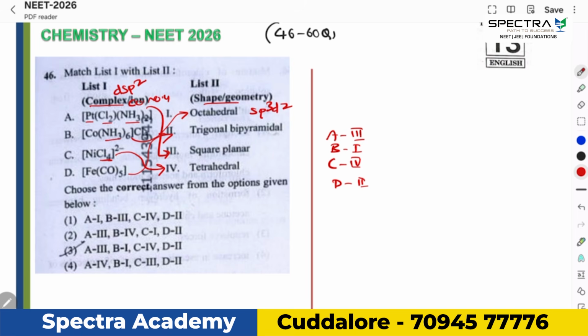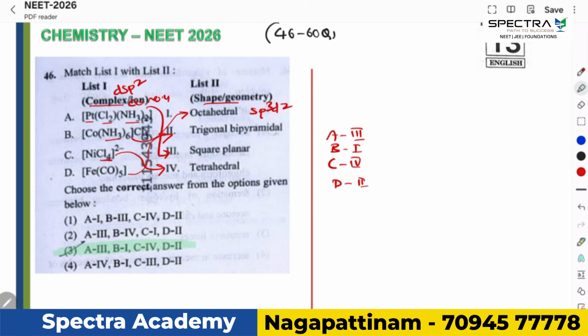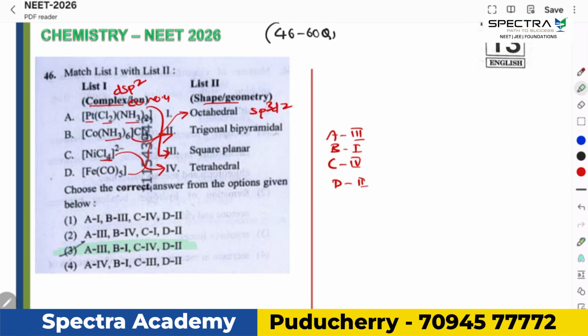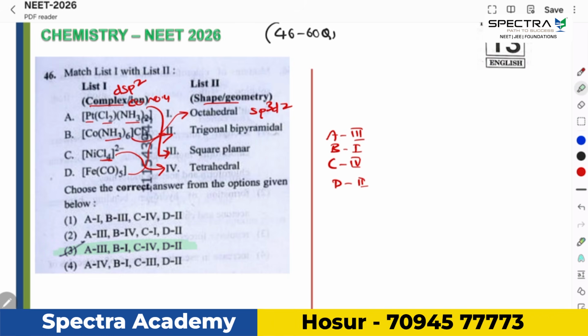So the option is 3 for this question: A 3, B 1, C 4, D 2. Coordination number 4, first one square planar, second one octahedral, C tetrahedral, and D trigonal bipyramidal. Okay students.